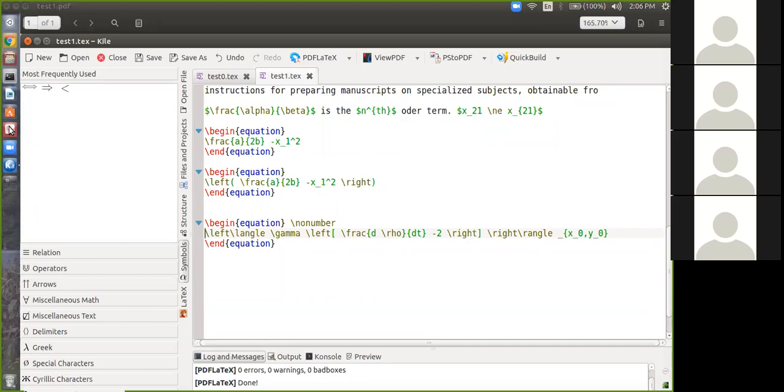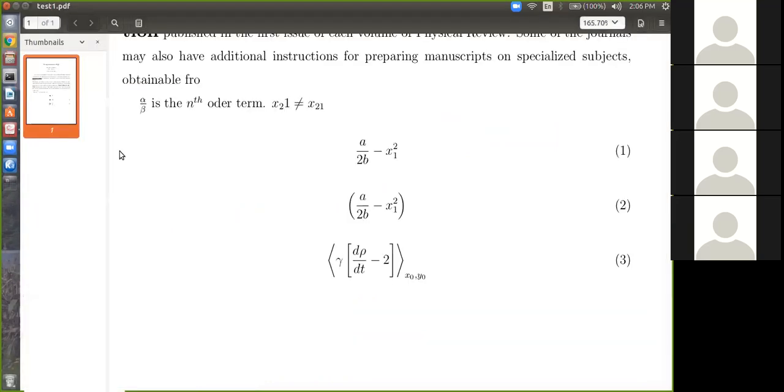Maybe due to the package. The no number package is there. Okay, so let us forget about that no number thing right now.